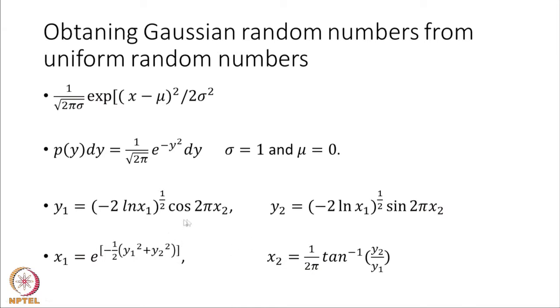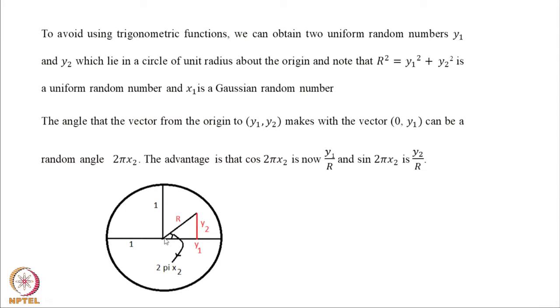My next slide will give you a greater picture of what this y1 and y2 are. So, look at this. Suppose I have two random numbers y1 and y2, and these random numbers both are between 0 and 1. So, y1 lies between 0 and 1, y2 lies between 0 and 1.